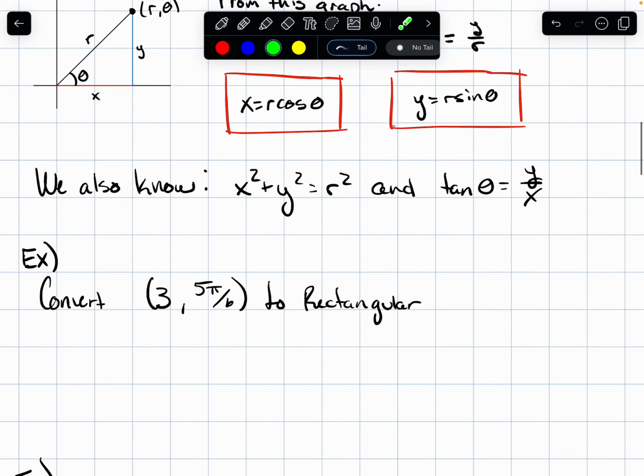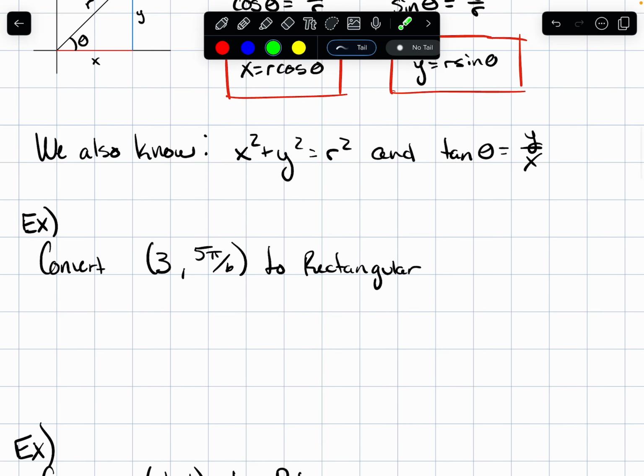use that idea to convert 3 comma 5 pi over 6 to rectangular. So this is a polar coordinate right here. I have r comma theta. I've got a distance 3 and an angle 5 pi over 6.